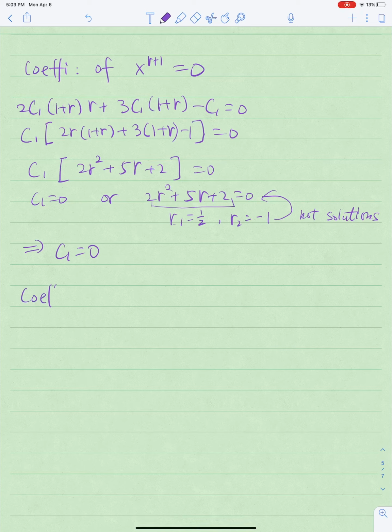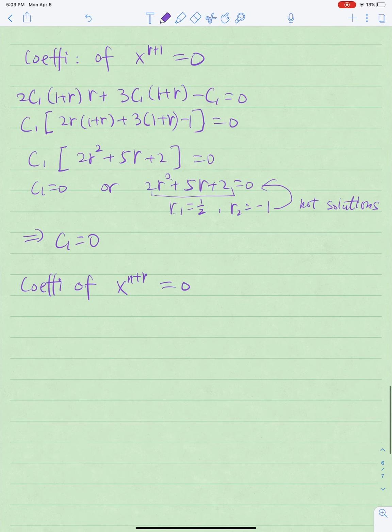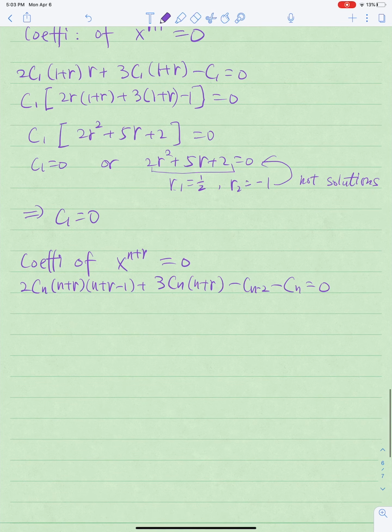Okay, now we look at the coefficient of x to the n plus r, set it equal to 0. And we can put all the Cn terms together.